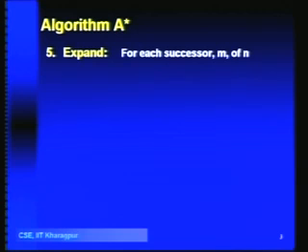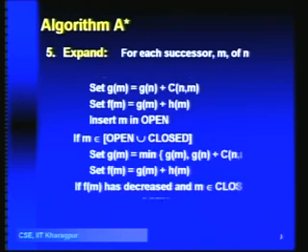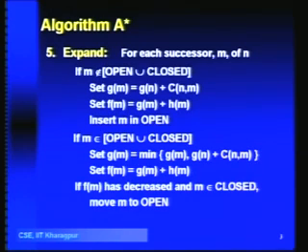Otherwise, we expand the node n to generate the set of successors, and for each successor m we compute its cost based on the g value and the h value of that node, and if the node already belongs to open or closed, we update it only if the cost has decreased, and if the node is already in closed and its cost has decreased, then we must bring it back to open.